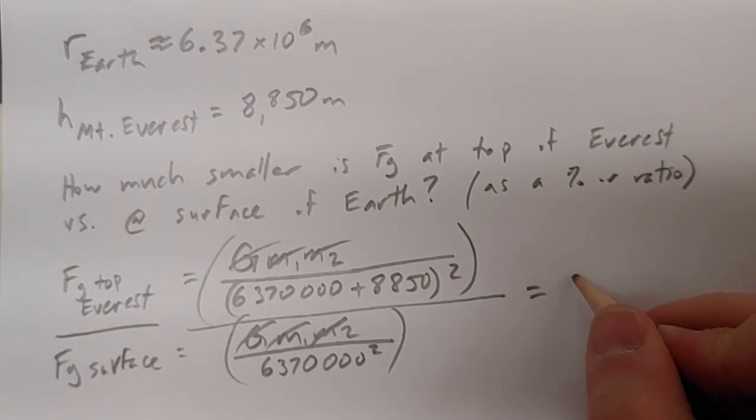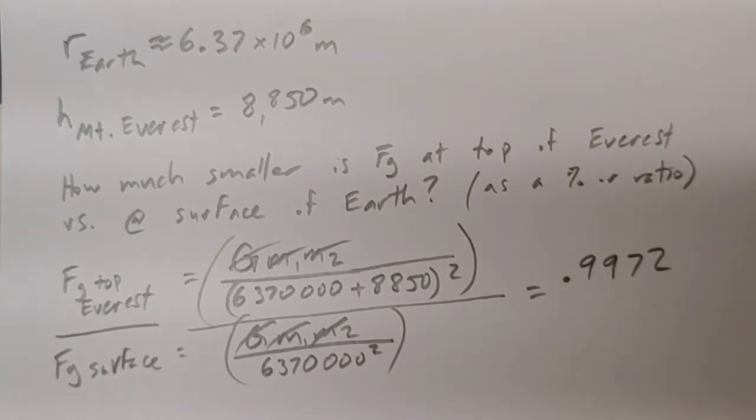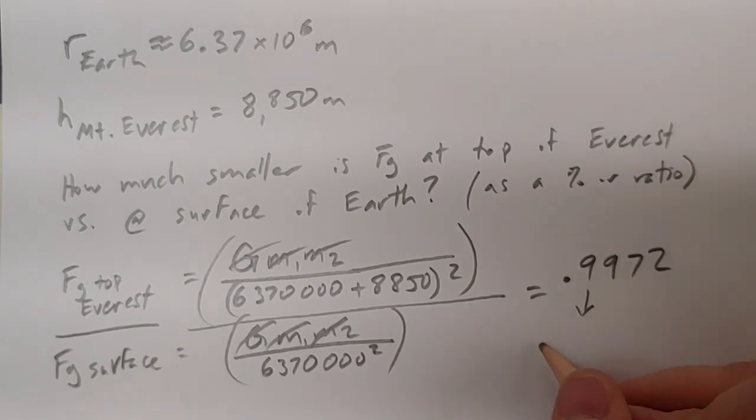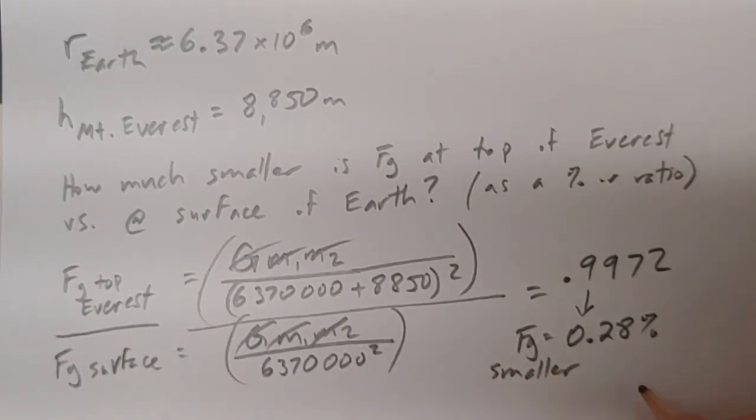This comes out to be about 0.9972, which we can interpret as the force of gravity is about 0.28% smaller on Everest, which is not much of a change.